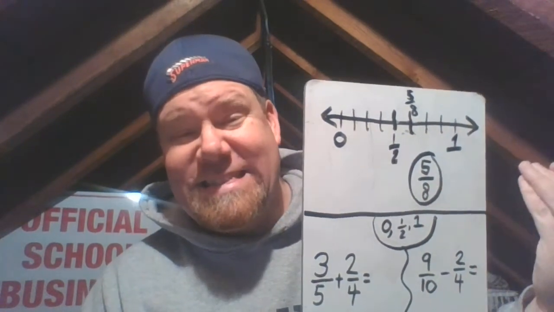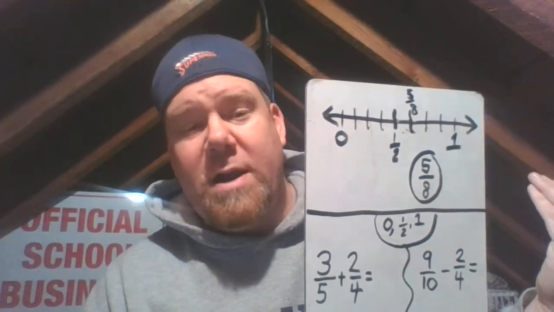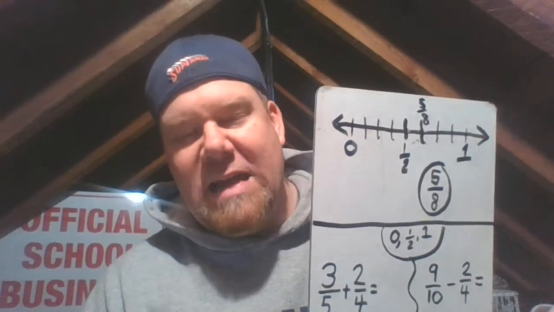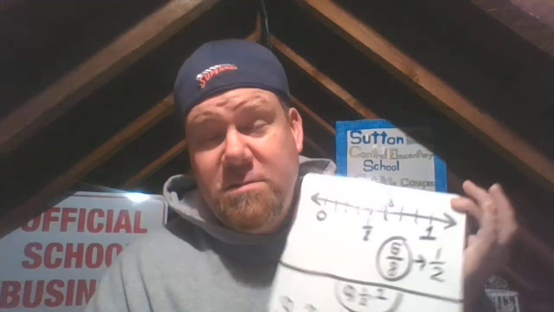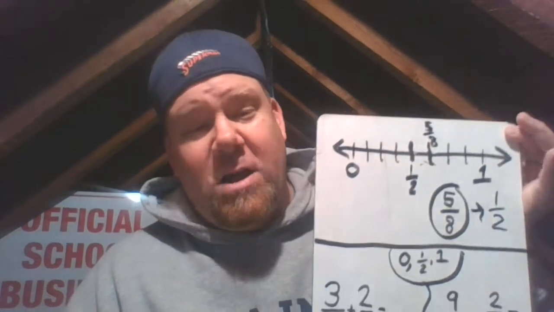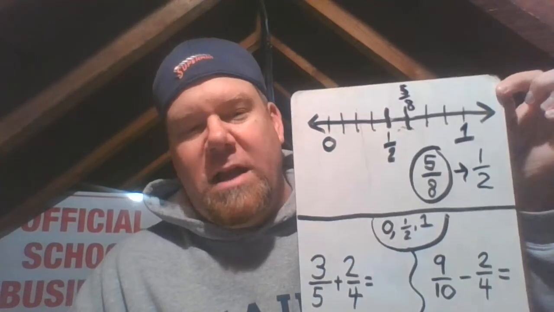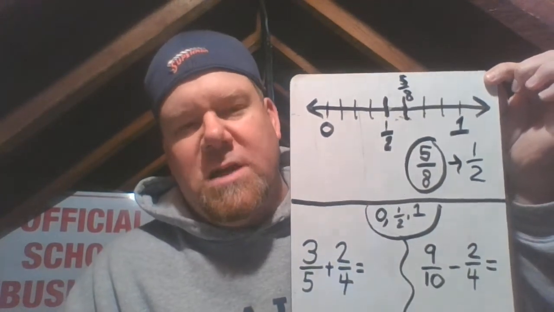In this instance, it's closer to 1/2. So if I was going to estimate, the fraction 5/8 is close to 1/2. How do I know that? Well, if you know that 4/8 is exactly 1/2, then that helps you as well. But this number line is also supposed to help you with that.